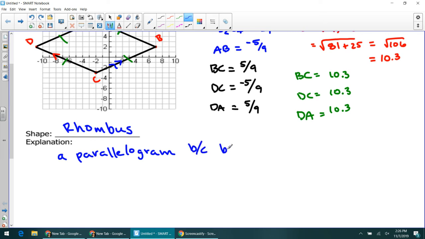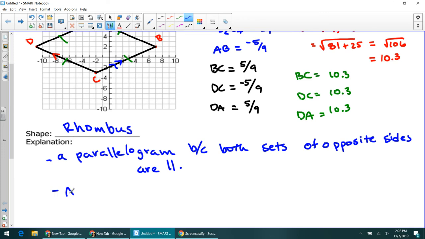because both sets of opposite sides are parallel. It's also a rhombus because all four sides are congruent.